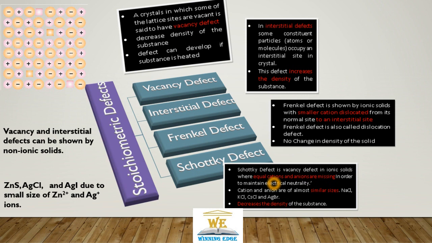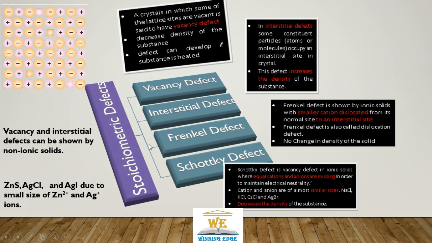There is not much difference in their cation and anion size. Sodium chloride, potassium chloride, sodium bromide, cesium chloride and silver bromide are examples. Because in a Schottky defect we have a loss of both cations and anions from their lattice positions, such a defect reduces the density.